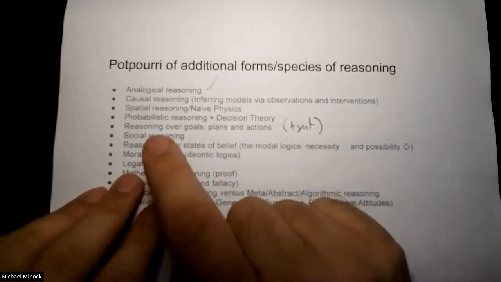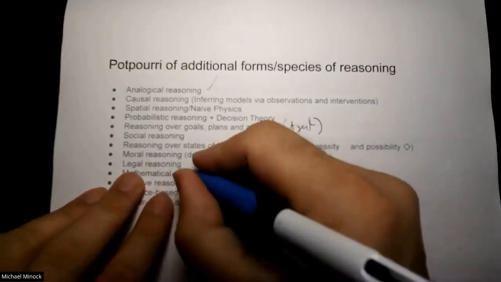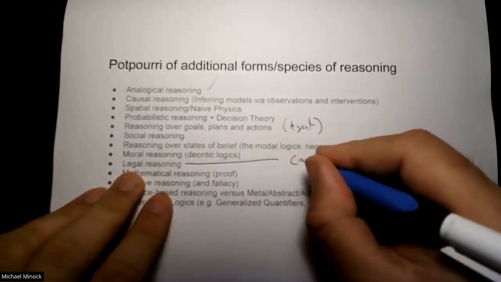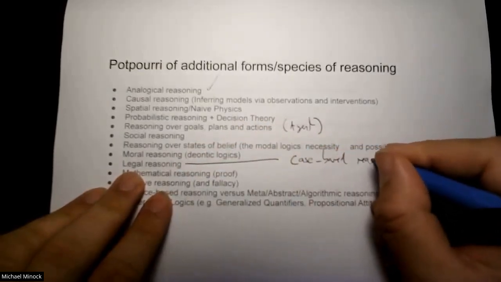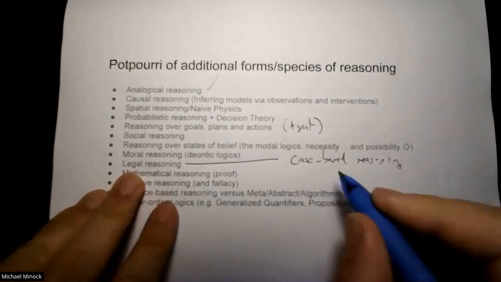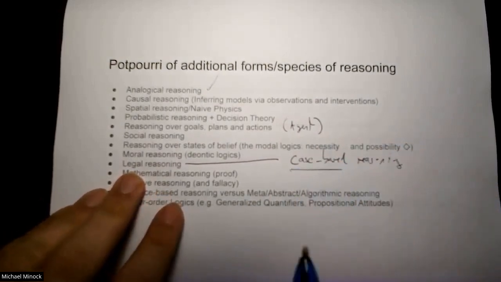Legal reasoning. Okay, legal reasoning is a lot of times very much case-based reasoning. So there's a whole area called case-based reasoning. The idea behind that is that we have a whole bunch of cases, that is, decisions that were made by judges in particular cases, and they have the rulings, of course, that's what the decision was.